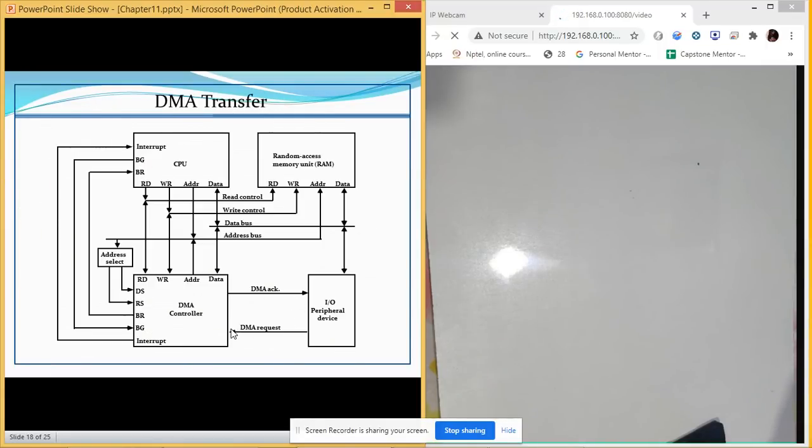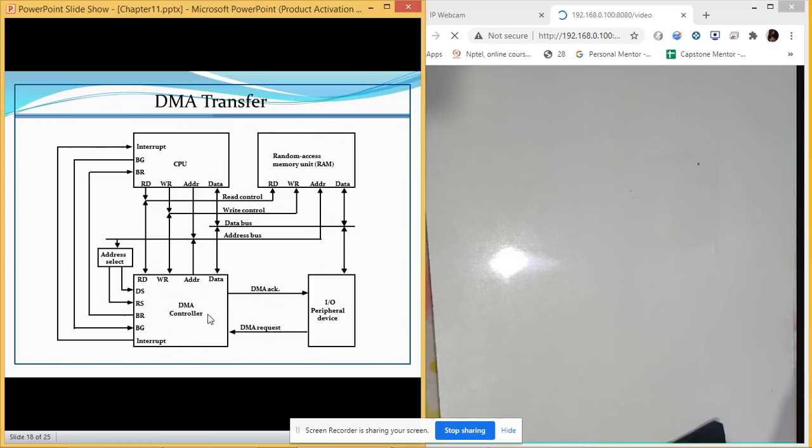Once it reaches here, if it is a fast device, then the DMA controller tries to interrupt the CPU by sending a bus request. If the CPU is not using the RAM or it is idle, it simply sends a bus grant, and the DMA gets that.